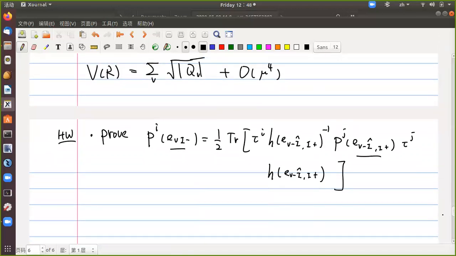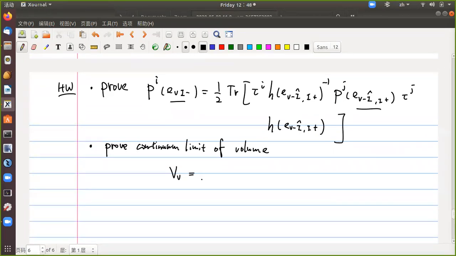This is you just use the definition of the flux, and secondly you have to use this formula to prove the continuum limit of the volume, namely at the vertex V is a mu cube determinant, used before.